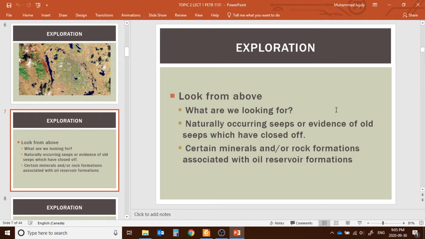For instance, there are lots of reservoirs we found. Some of the world's greatest oil fields have been discovered from natural surface oil seepage. For instance, the Athabasca tar sand was found this way. So that is the important part of the exploration.